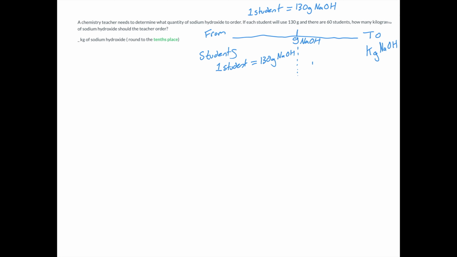I know that there are 10 to the 3 grams of NaOH equal to 1 kilogram NaOH. Right?